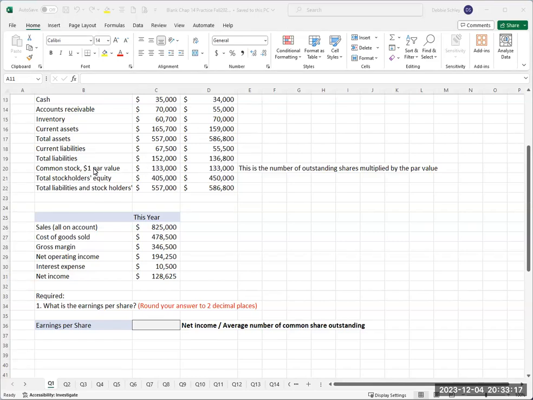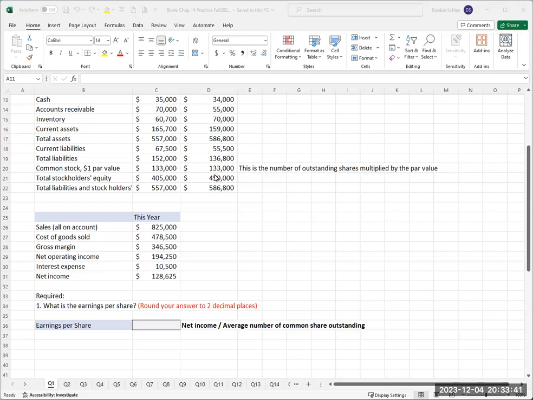So just double check what is the par value. If the par value is anything other than 1, to get the number of shares for each year, you will take the amount that they give you and divide that by the par value to get the number of shares. And then the average is both years added together divided by 2.